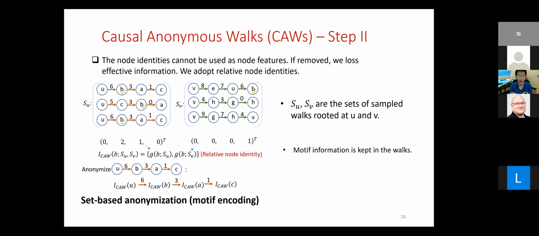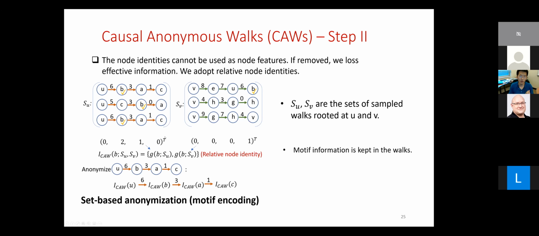But in our case, we want to capture more complicated network motifs, and also establish the correlation between the random walks rooted at node U and rooted at node V. So we have a joint relative node identity.